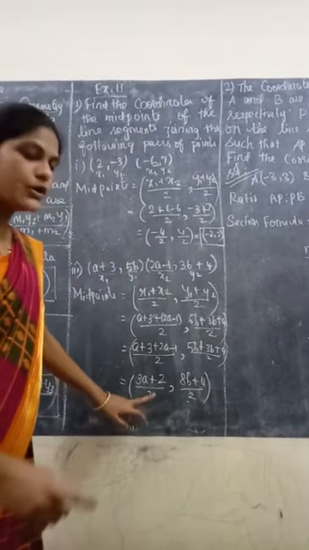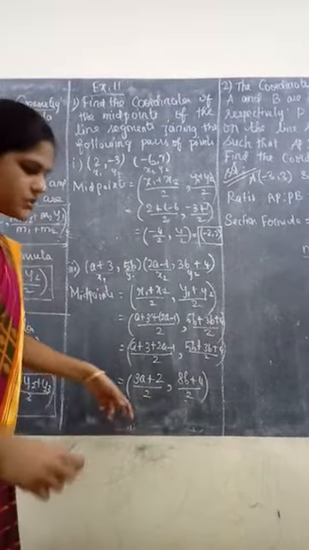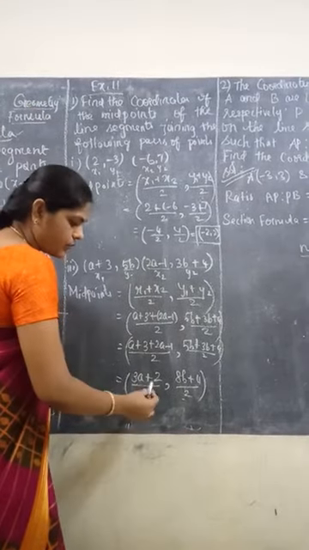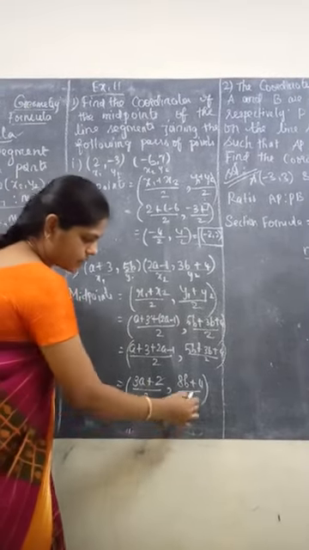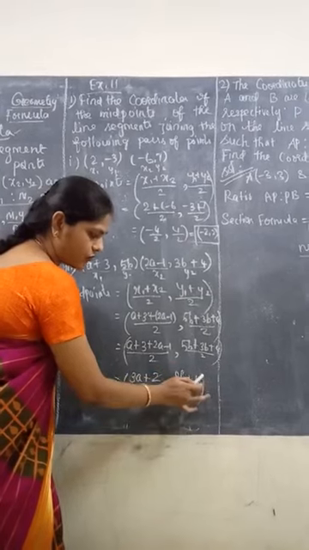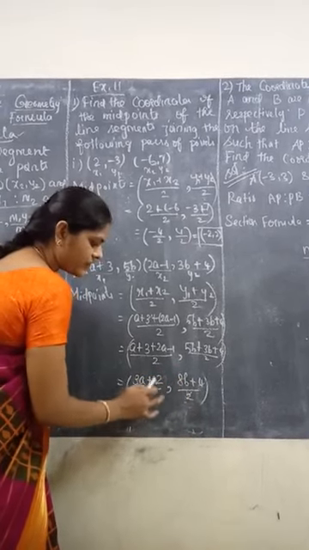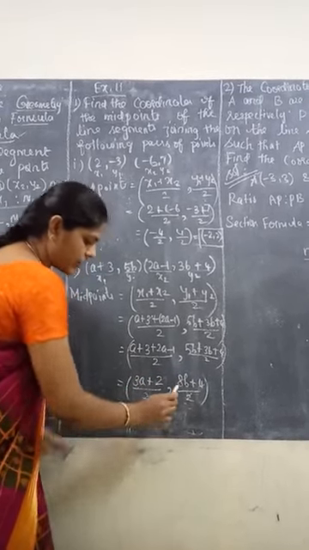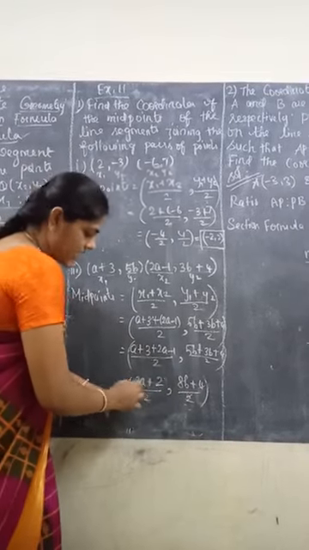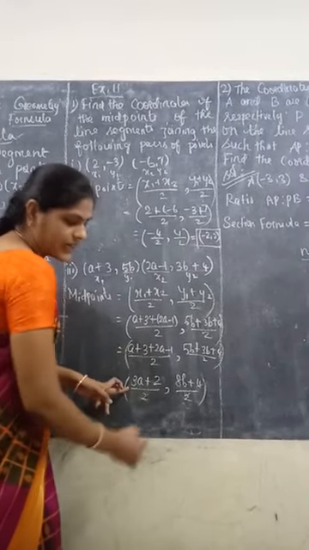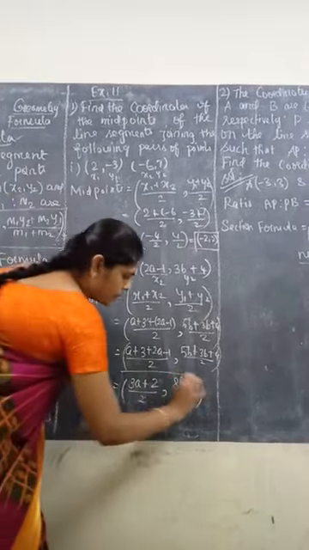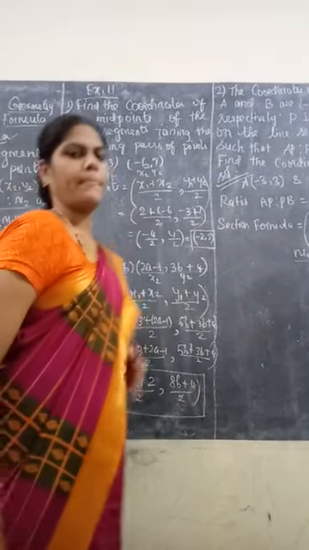Listen here, most of the students make a mistake here. Most of them cancel the 2 with a term, 1 time and 2 times. This is the wrong way. If you have a variable term, you need to cancel the total term. If you do it like this, it is wrong. So this is the midpoint for this sum.